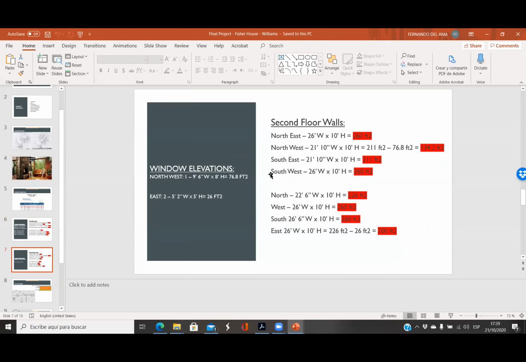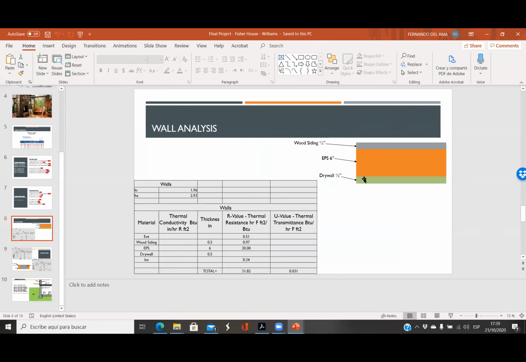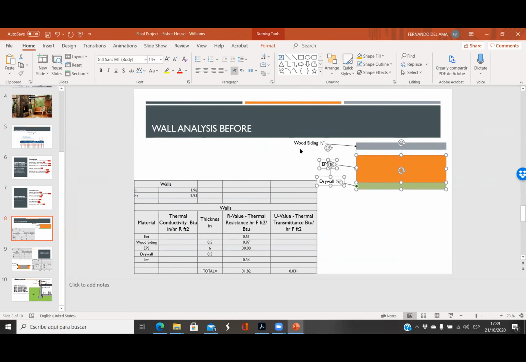So here we have the second walls, and here you have the wall analysis. Okay, so that would be great for the before option. And I think now you can do this. You can have an air cavity here.